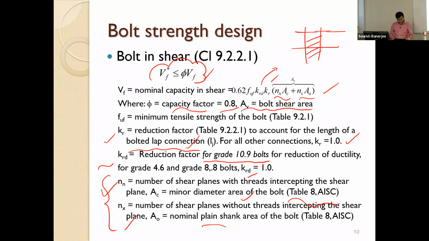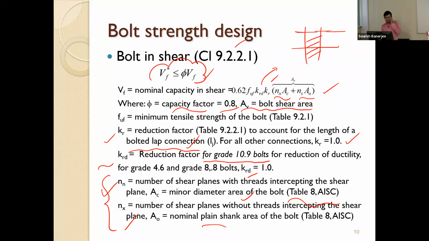So when you are studying these models, look at the standard, because you see that there is more information. For example, the standard says that k_rd, when you have 10.9 bolts where the threads do not intercept the shear plane, is 1.0. But where threads intercept the shear plane, there's a reduction in the capacity and the factor is 0.83. That is from this clause 9.2.2.1.